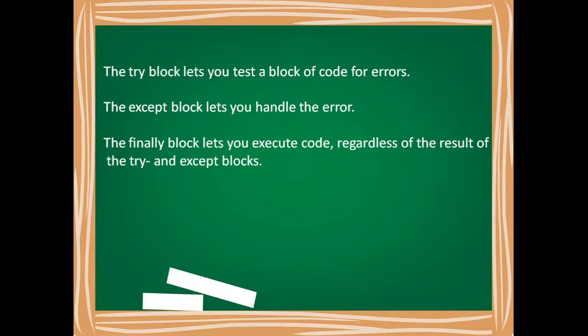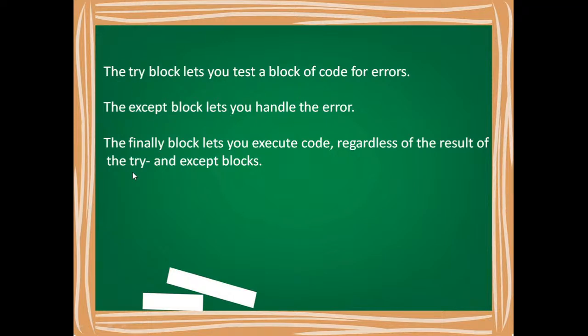If you have any errors in your try block, it will throw that error to the except block. Then the code present in the except block will handle the error. The except block lets you handle the error thrown by the try block.